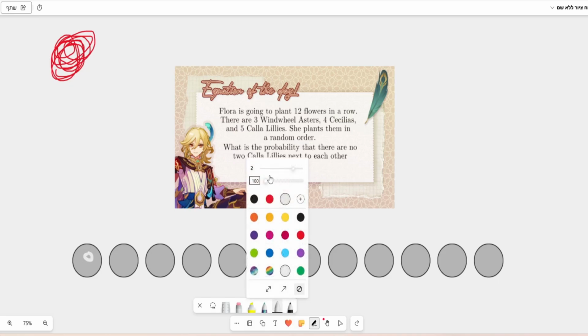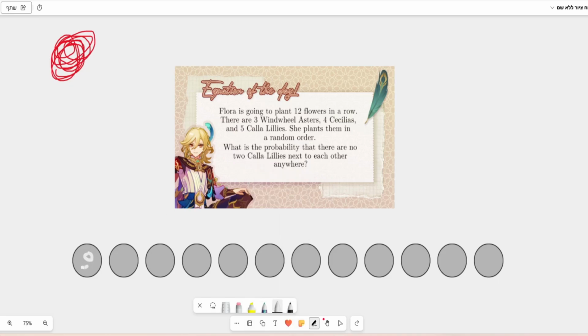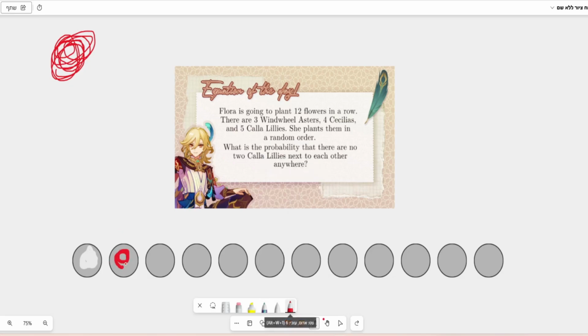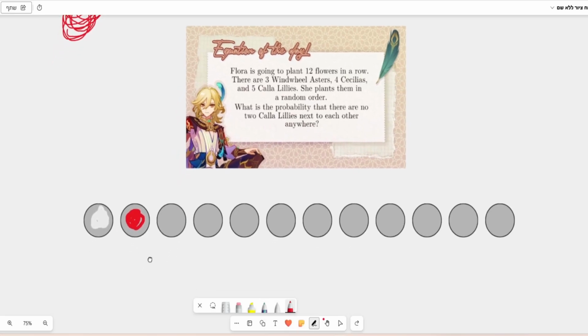Okay, we're going to use this, so I can color this white for a white flower. This is the non-lily flower, and I can also have, let's use a red one. And we can also have a red flower.